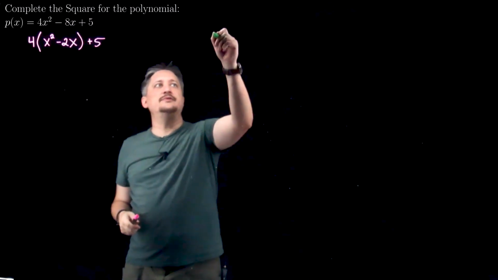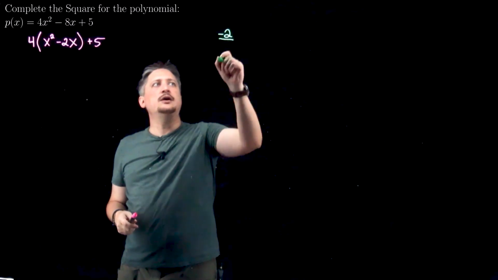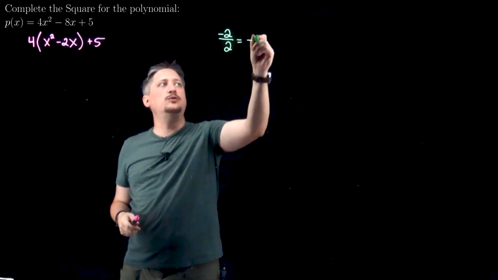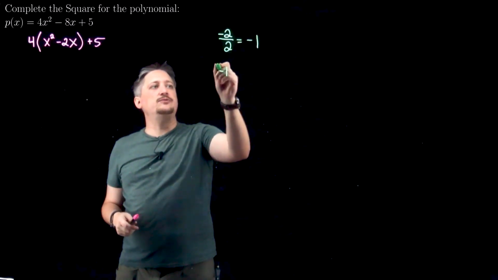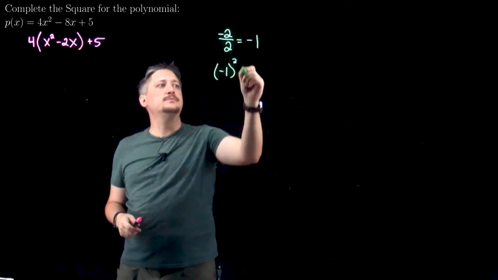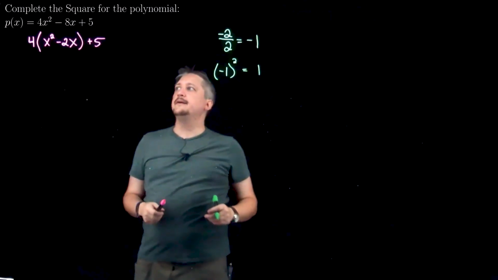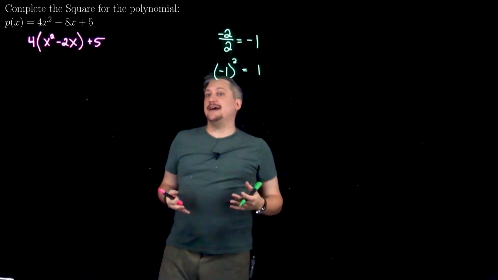So I take that negative 2, cut it in half, so that gets me negative 1. Then take that value, negative 1, square it, gets me just 1. And now I want to add and subtract that number.